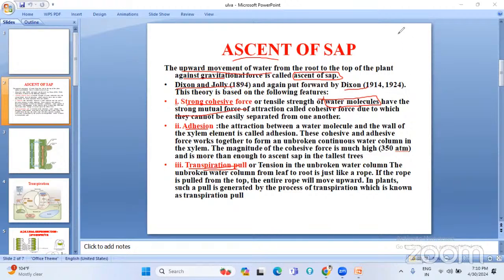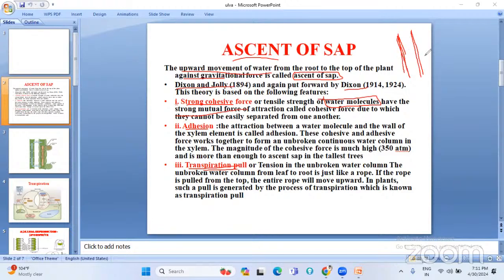Tell me, which part conducts the water? The xylem, especially the xylem vessels.